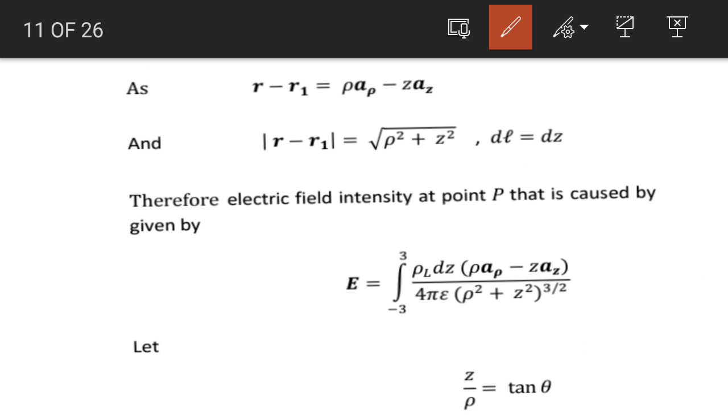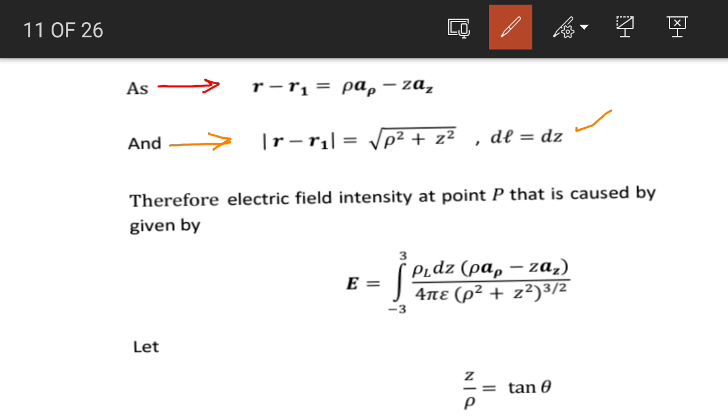So you see r minus r1 will be equal to rho a rho minus z a z. The magnitude of this distance vector will be equal to under root rho square plus z square. As the source is located along z axis, definitely dl will be equal to dz.